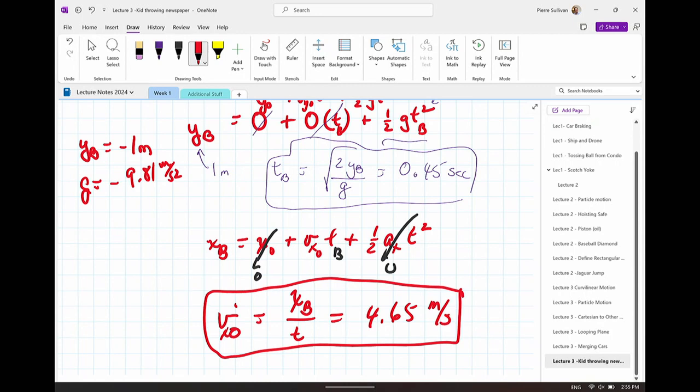So, in essence, the kid has thrown to the edge of the first step.